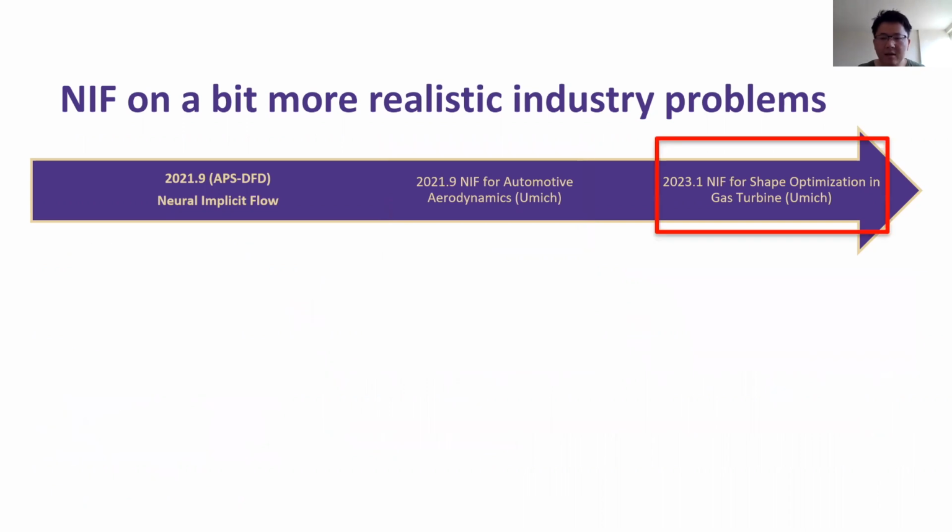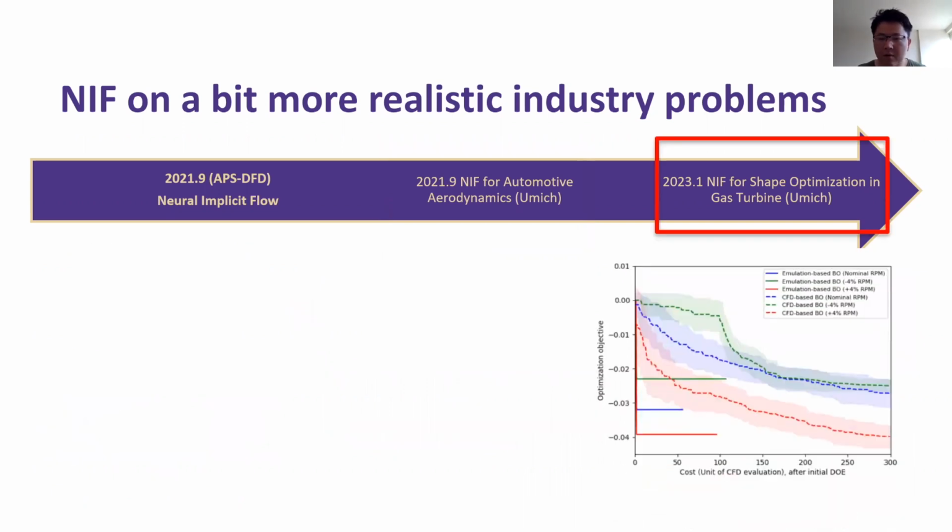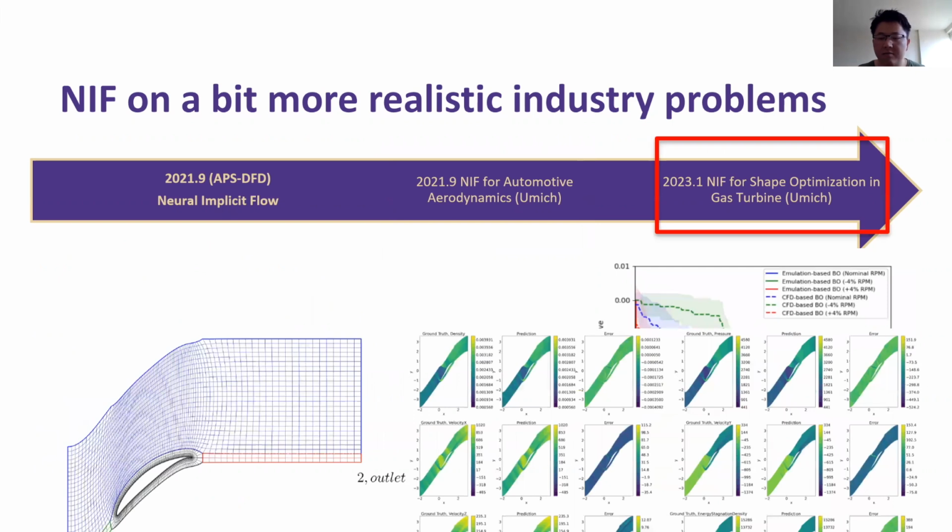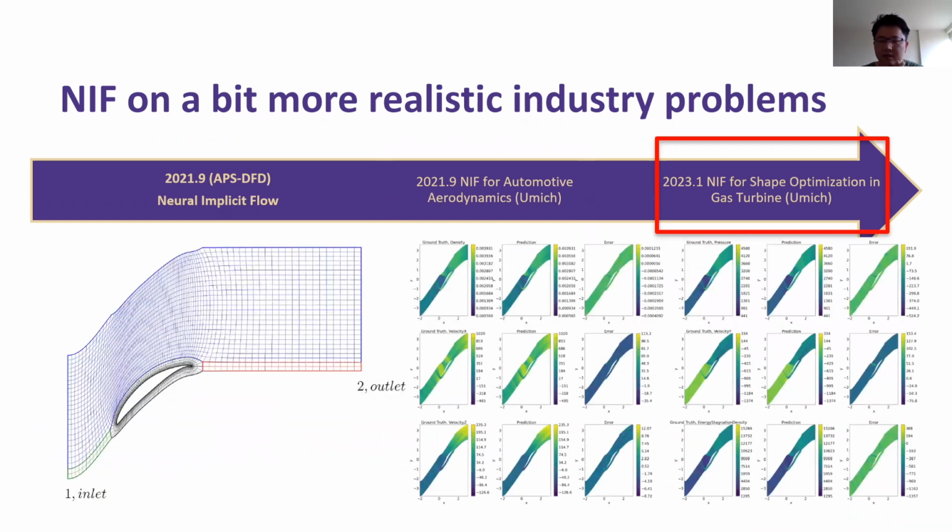Okay, the next problem I wanted to show is NIF, which I think was recently published, also from the collaborator at the University of Michigan. It is for using NIF for shape optimization in gas turbine machines. I think this work is funded by Raytheon Technologies. As you can see, in this case, if I remember correctly, we have 4 parameters to tune the airfoil inside the compressor.